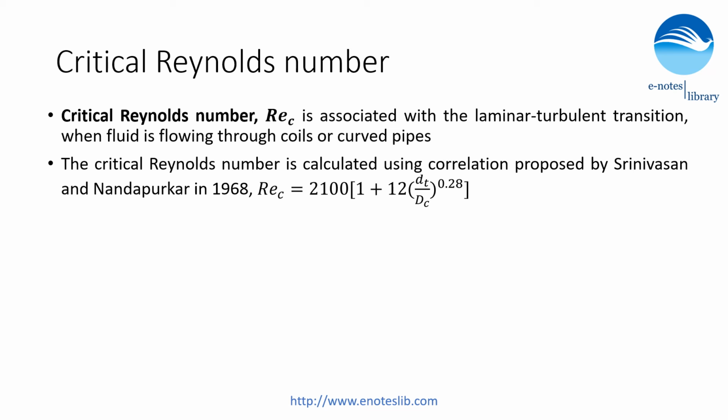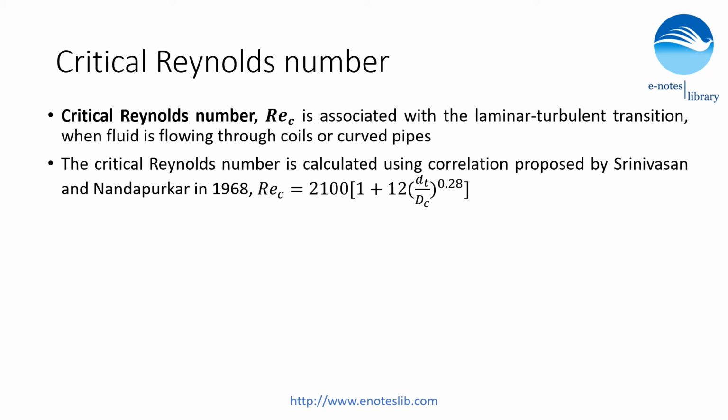If Reynolds number is above 4000, then we have turbulent flow. But in case Reynolds number is between 2000 and 4000, then we have transition flow. Similarly, critical Reynolds number denotes the same thing in case of curved pipes or coils. It is associated with the laminar turbulent transition when fluid is flowing through coils or curved pipes.